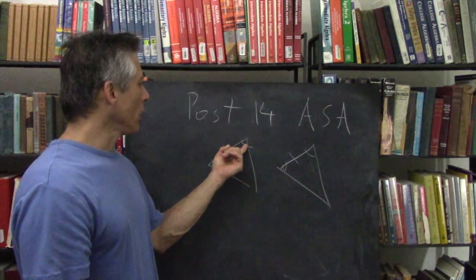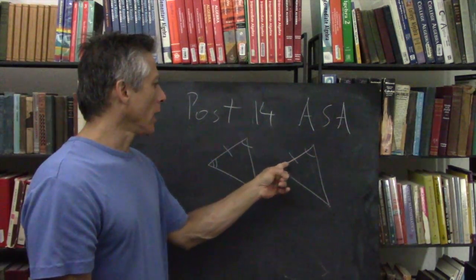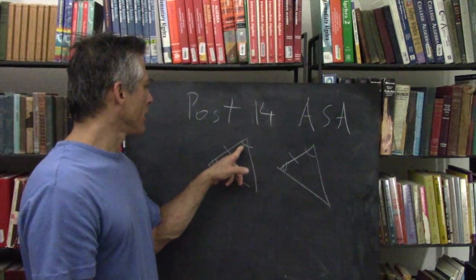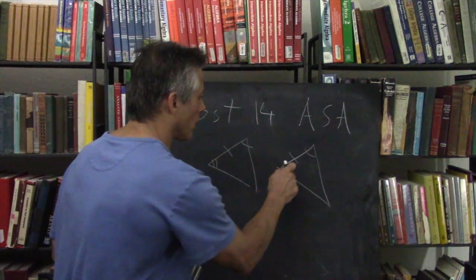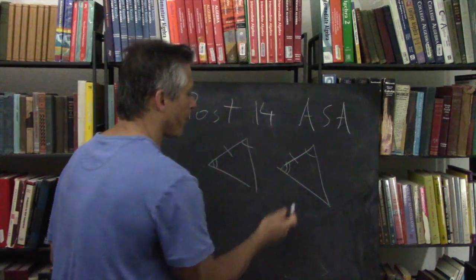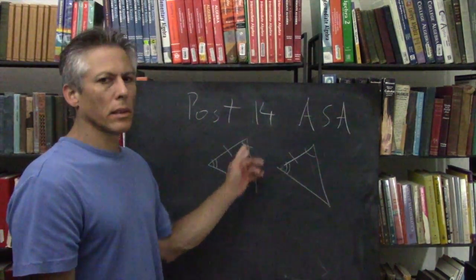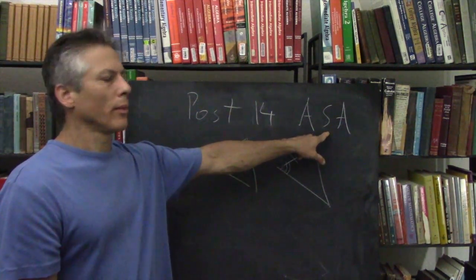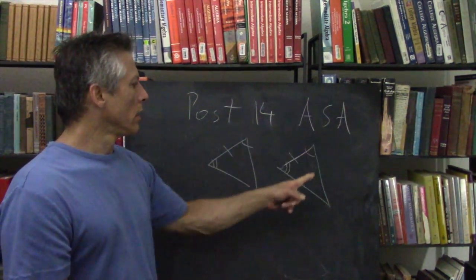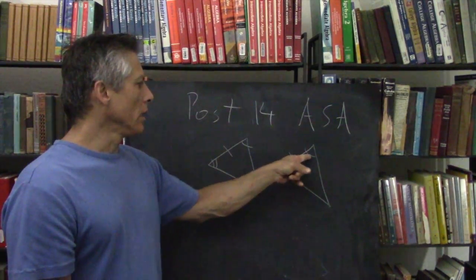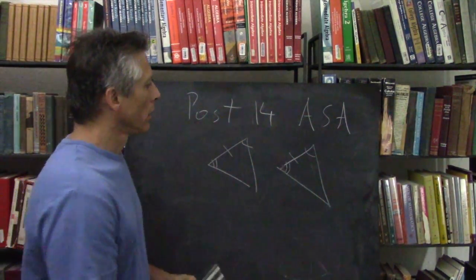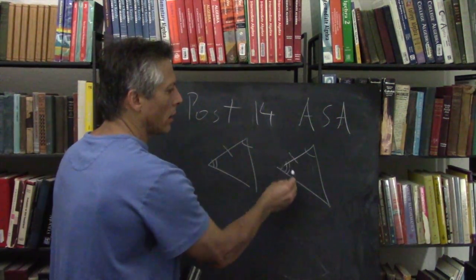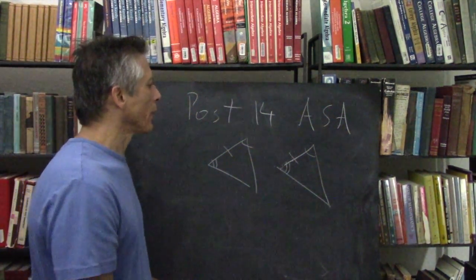Okay, so angle, side, angle; angle, side, angle. The side must be between the two angles. The side is between the two angles. If the side is somewhere else, this does not apply. You need to remember that, memorize that, get into your thinking. The side must be between the two angles. Notice this angle here has this side, and this angle here has this side. There's no other way this will happen.